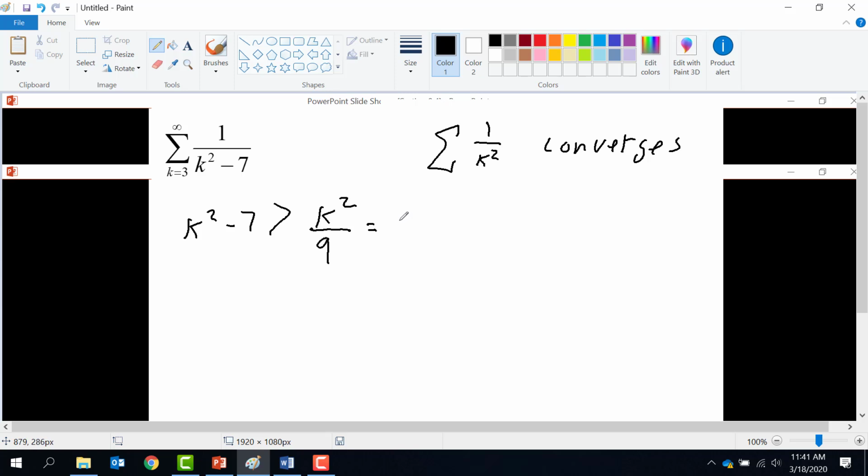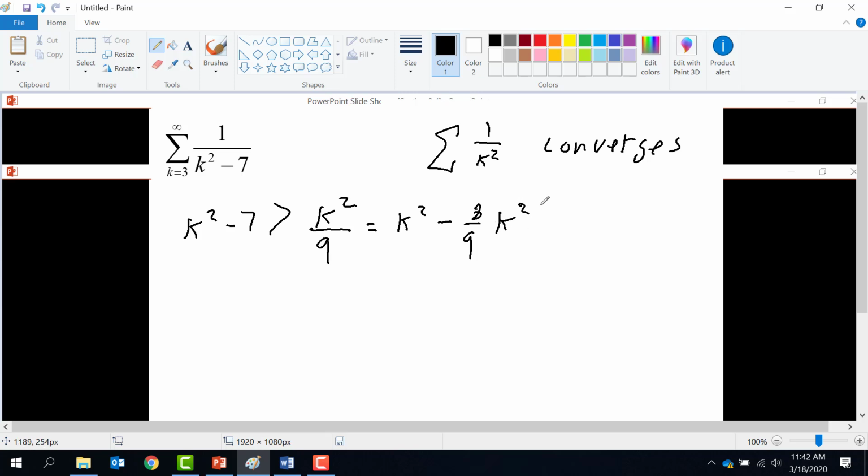But if you look at this, this is k squared minus 8/9 k squared, because now if I combine the like terms, 1 minus 8/9, 9/9 minus 8/9 is 1/9, and you get this expression here. And now when you put in 3, you're taking away 8, whereas over here you were only taking away 7.